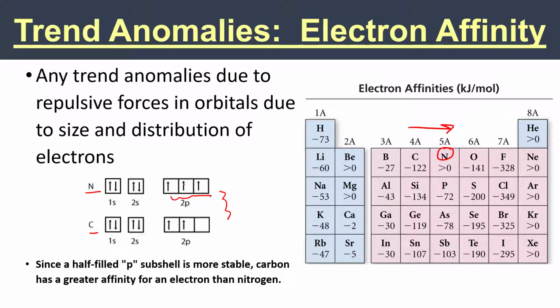So each orbital has one electron in it, and as a result, you know that that is a more stable configuration. So it is less desirable to take an electron and stick it back in here and disrupt the stability. Whereas something like carbon would be very excited, and I don't mean like atomic emission spectra, but I mean would be thrilled to death to pick up an electron, putting it here, giving it a half-filled orbital, which increases its stability.